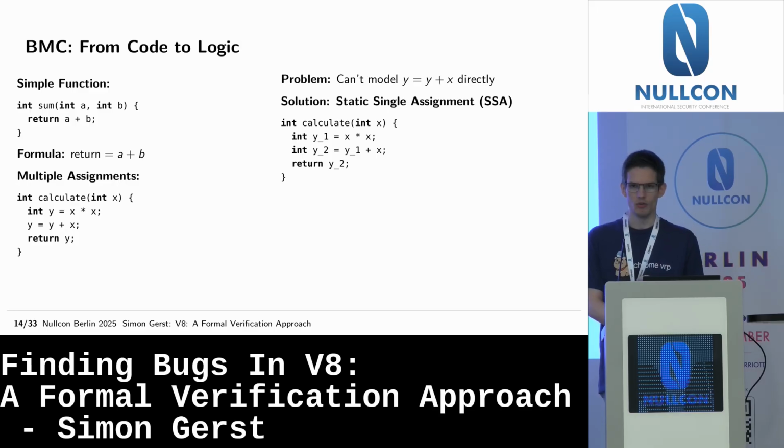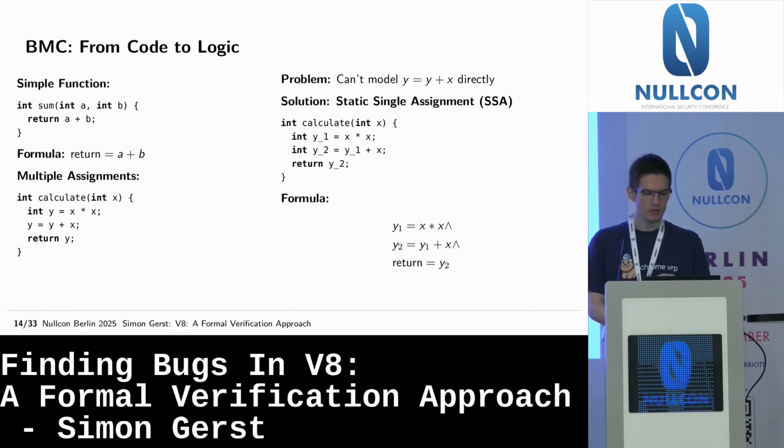So your solution is something called SSA, which means static single assignment. Every assignment to a variable can only be done once. So you have one assignment to the y1 variable, and if you want to assign to the y variable again, it has to be a new variable. And so the first y in your y equals y plus x is now y2, and the second one is y1, and so you don't have a problem anymore.